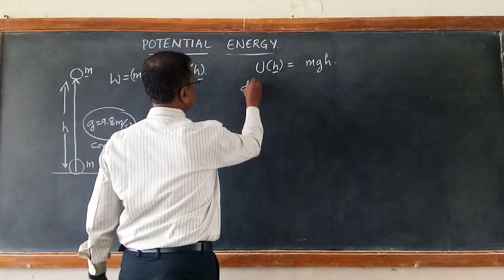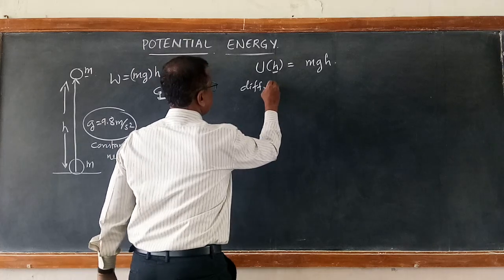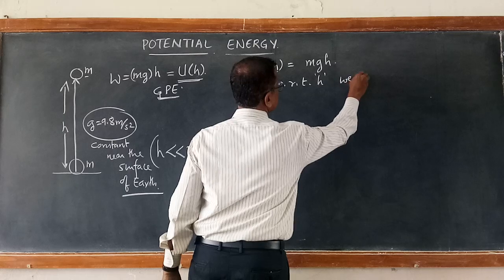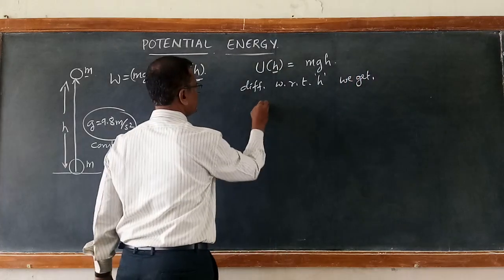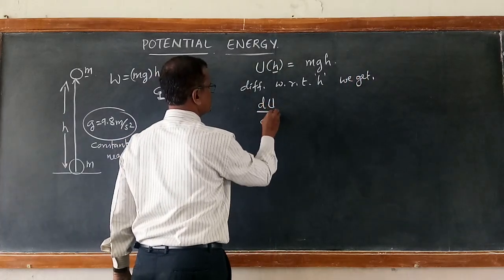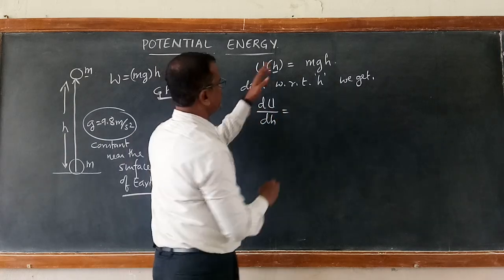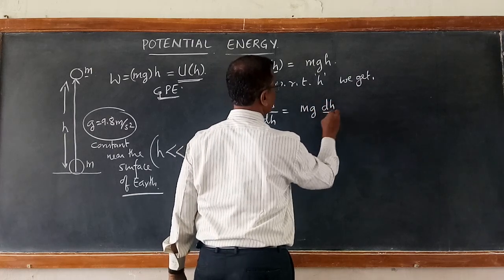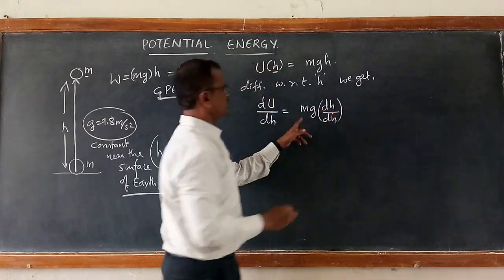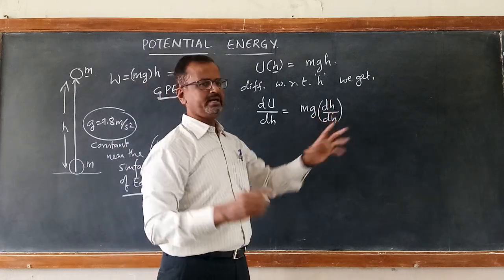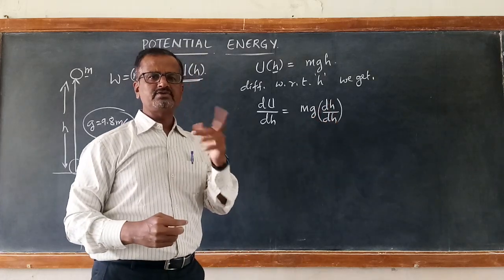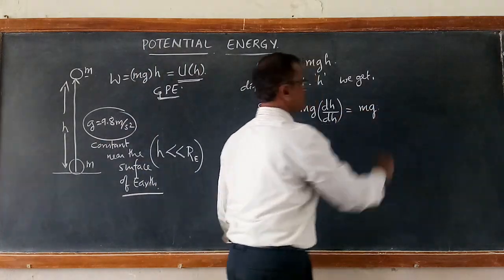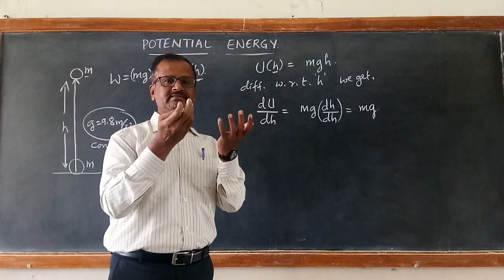So differentiating with respect to h, we get dU by dh. dU by dh is equal to mg into dh by dh. You see, mg being constant, I have taken it out. So dh by dh becomes 1. Differentiation of h with respect to h becomes 1. Therefore, it becomes mg. But mg is the force that we have applied.